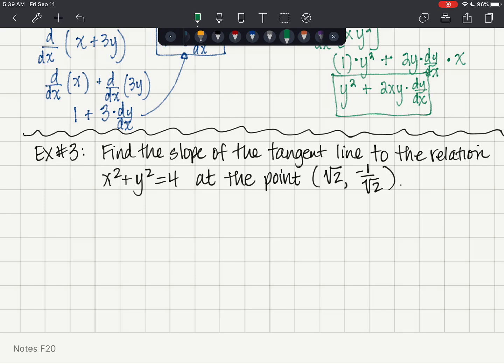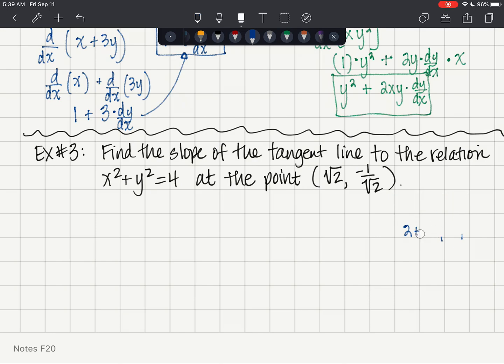And I'm not sure it does. Let's see if it does. The square root of 2 squared plus negative 1 over the square root of 2 squared equals 4. Is that true? 2 plus 1/2 equals 4. That's not true.